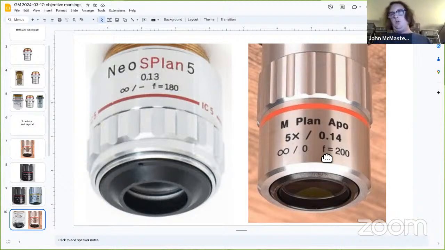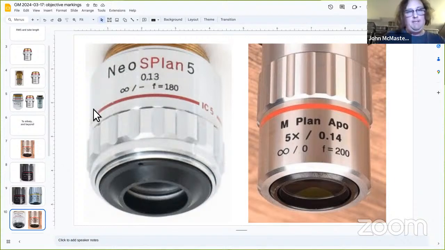I think these are some of the worst ones because if you're trying to calibrate the system, these are so close that they seem like they're both the same 5x objective, but there's actually a 10% error here between the two systems. And so you might, for example, have a system that's calibrated for one, think you're just swapping in another 5x objective, and you might ask, where does this error come from? This doesn't make sense. So just something generally to be cognizant of as you're thinking about this.